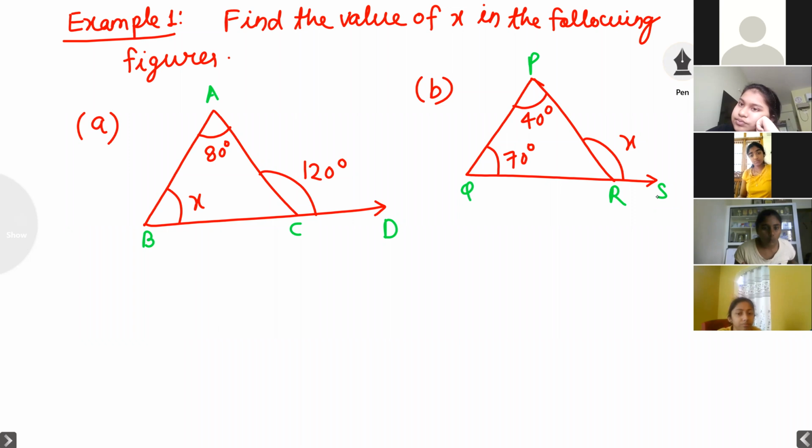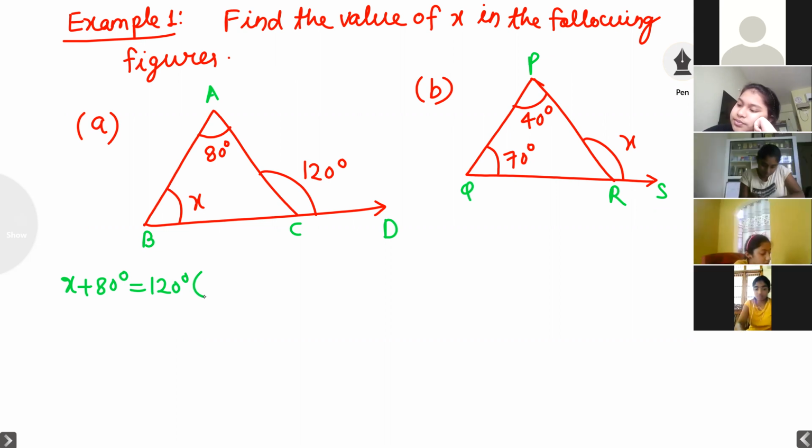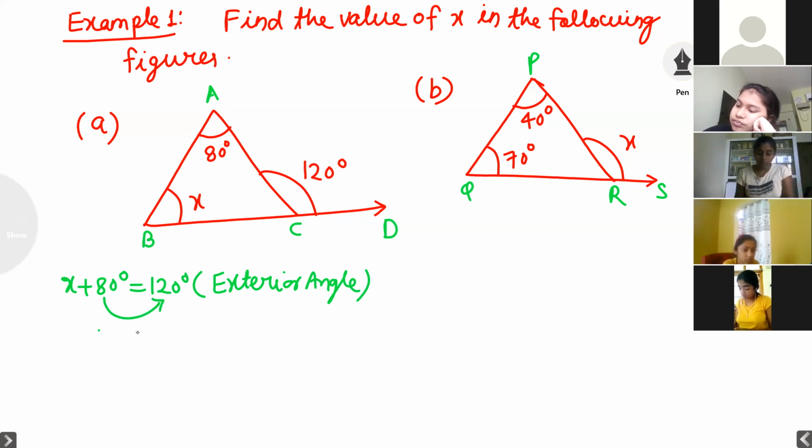First answer, how to solve? x plus 80 degrees is equal to 120 degrees. Why? Exterior angle property. Now plus 80 we want to transpose to the right side. x is equal to 120 degrees minus 80 degrees.